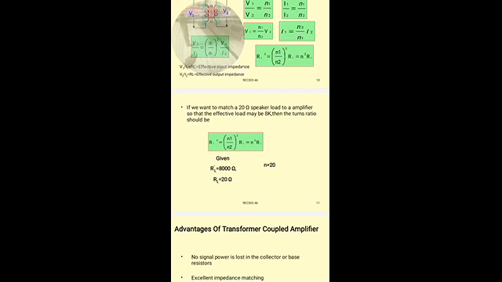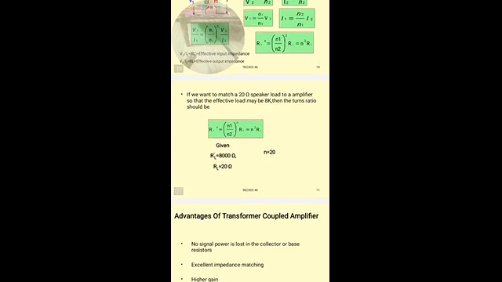Substituting, we can find the ratio N1 by N2 whole square, which is equal to RL dash by RL. So 8000 divided by 20 is the turns ratio. So simply by adjusting the turns ratio N, we can get the impedance matching.